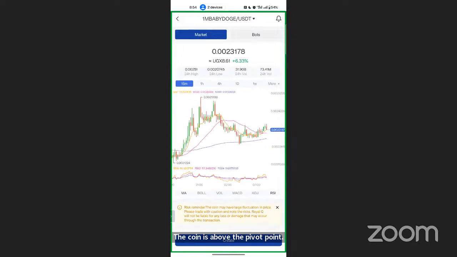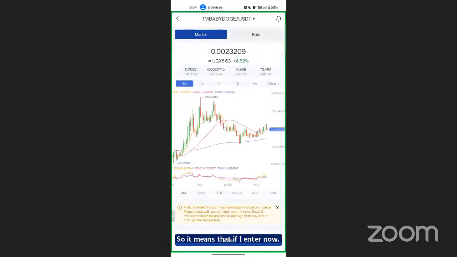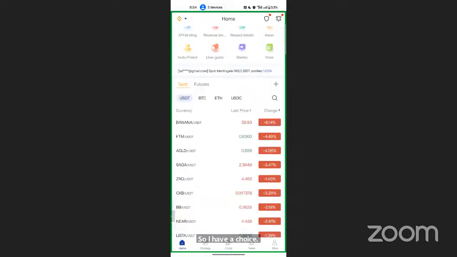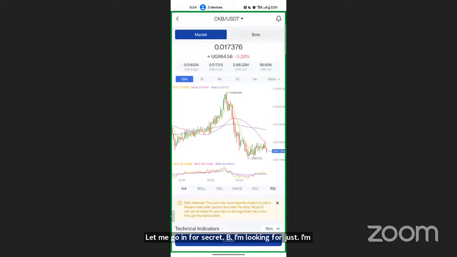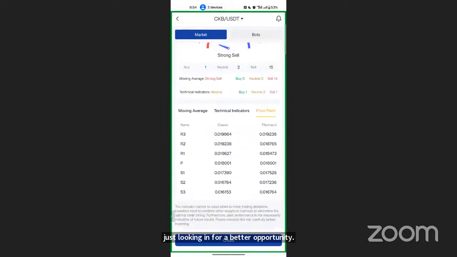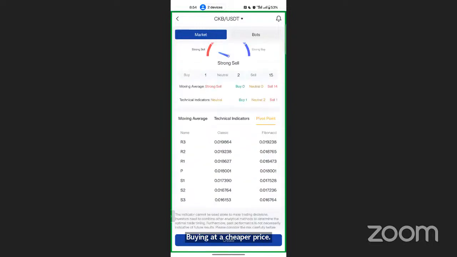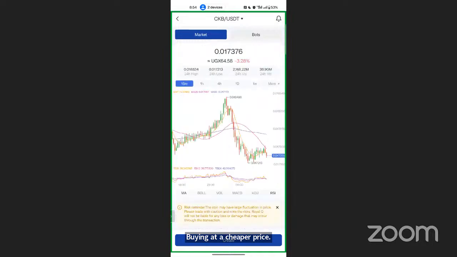So it means that if I enter now, it can go down or go up. So I have a choice. Then I say, let me go in for CKB. I'm just looking for a better opportunity. I'm buying at a cheaper price. Now CKB, current price, 0.017346.